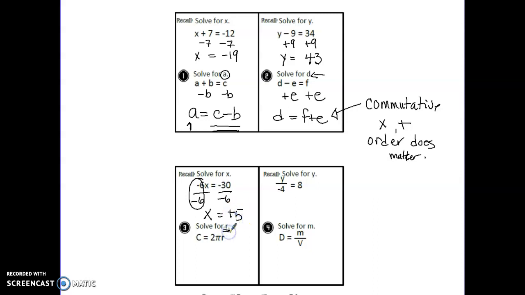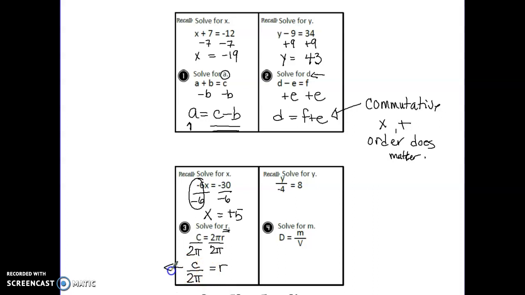If I am looking for r, and I have multiplied it by 2 pi, then I have to divide by 2 pi. Think of 2 pi as a number, just like negative 6 was a number. So I am going to divide both sides by 2 pi. Now I have r all by itself. I've isolated the variable I was looking for, and I've solved it.